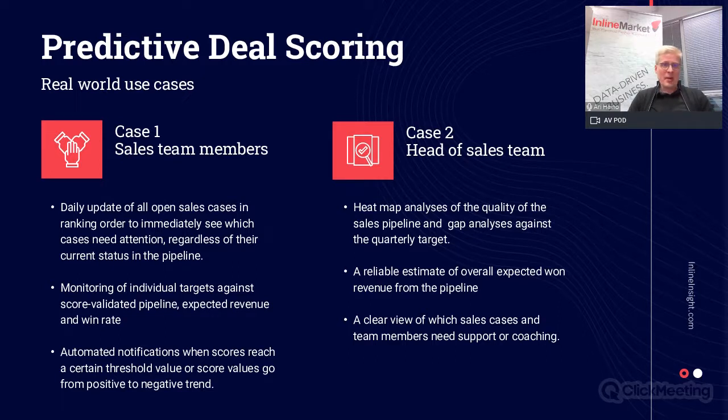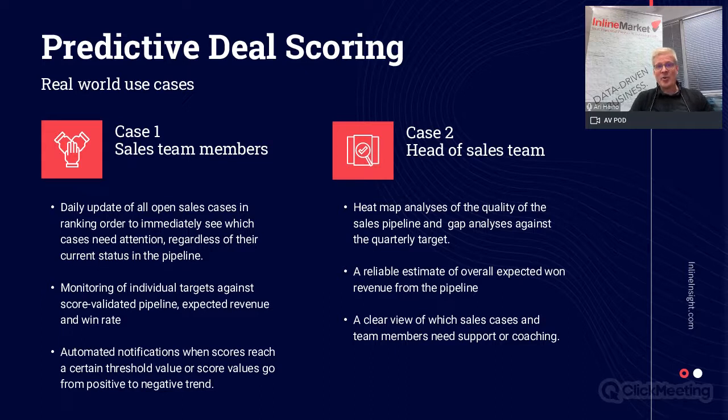But more and more, you can build on this and start monitoring your targets against your pipeline that is score validated. You can look at your expected revenue, and look at KPIs like win rates. So you can combine all this additional data analysis into the scoring and build upon the scoring solution to get even more guidance throughout your sales processes.